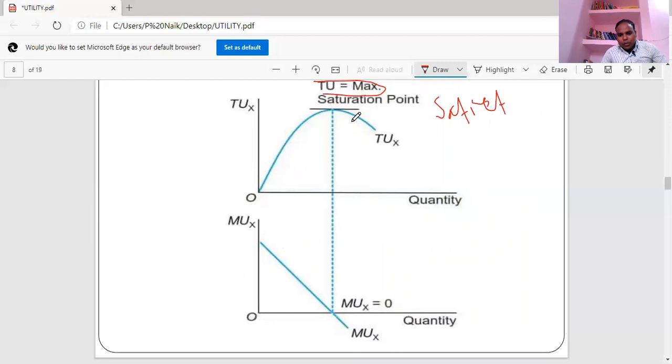If total utility starts to decrease or decline, then marginal utility will be negative. So this was the diagram of the relationship between total utility and marginal utility.